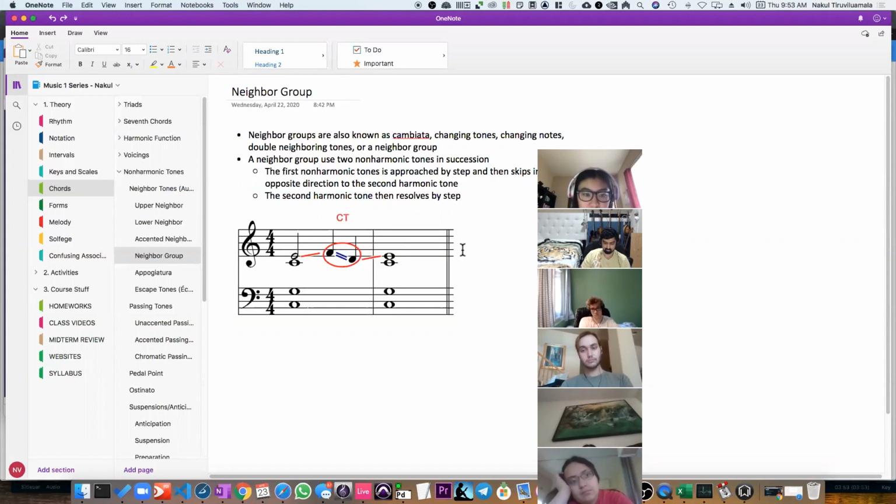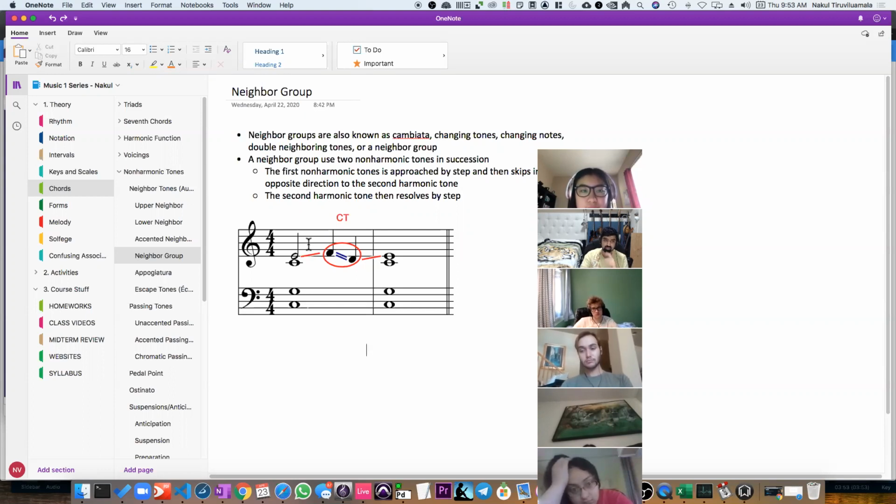It's a nice little device, because you have to be careful with your treatment of dissonance and non-harmonic tones. This just happens to work out really nicely that they've defined it as a thing in music theory, because composers use it all the time. It's very rare that you can have two dissonances in a row and have it sound good, and this is one of those cases.